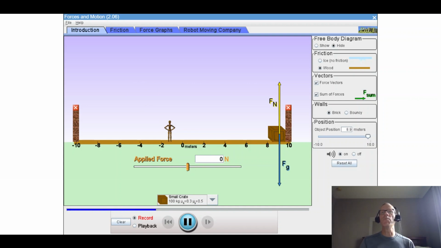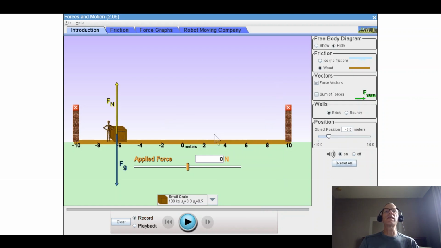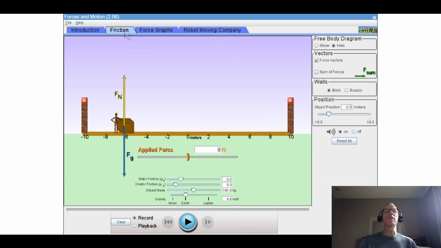Accelerating to the left doesn't mean moving to the left. Something that's moving to the right and accelerating to the left is slowing down. So notice that. We're going to try this again, and then we can change some things. I think I said most of the things I wanted to say there. Let's go to the friction tab then, and change some things around a little bit.